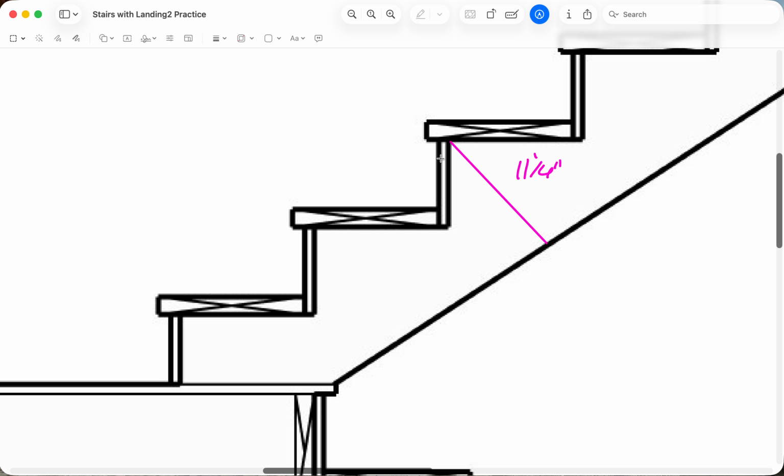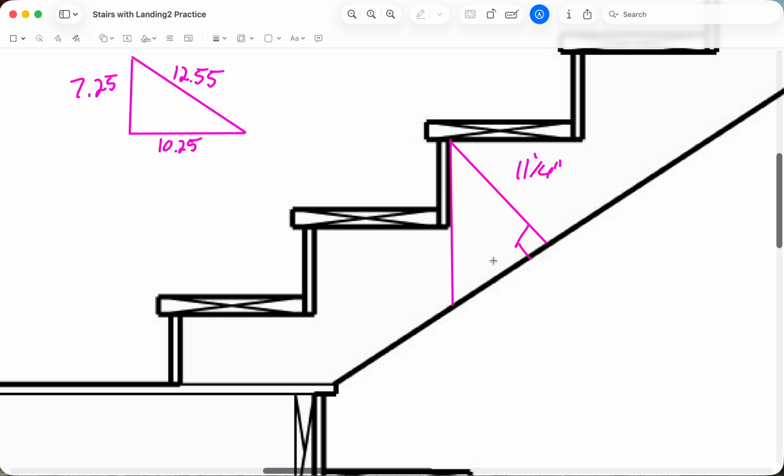And if we were to calculate the plumb cut of that, assuming we already know our unit triangle here, 7 1/4, 10 1/4, and this is 12 9/16 basically.